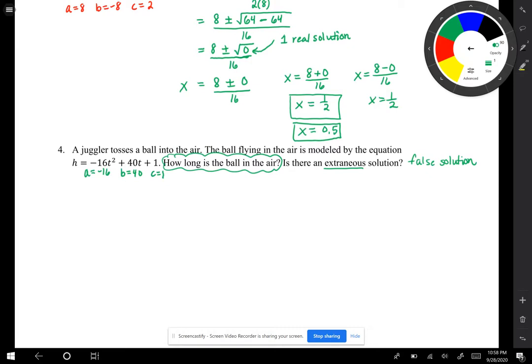And now we're going to use the quadratic formula. Basically what you're doing is, instead of x equals, you're doing h equals. So h equals negative b plus or minus the square root of b squared minus 4ac, all over 2a.